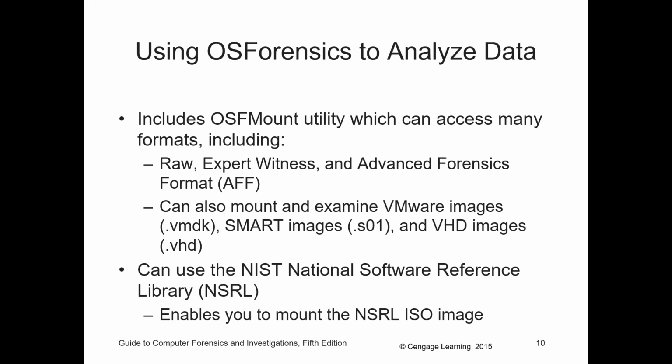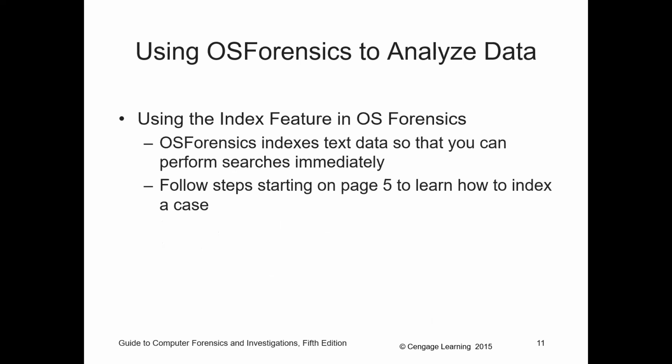Not only is OS Forensics there, but there are several other tools that the National Institute of Science and Technology Software Reference Library is able to give us. And of course, what is the core there is that whatever tools you use should be ISO certified, because if they're not internationally accepted and identified, it becomes a challenge for you to present them as evidence.